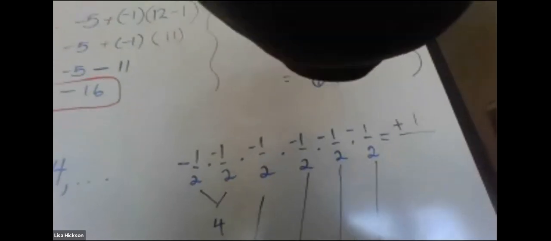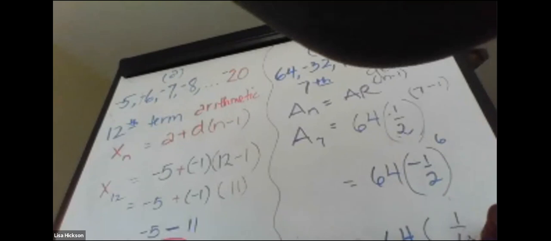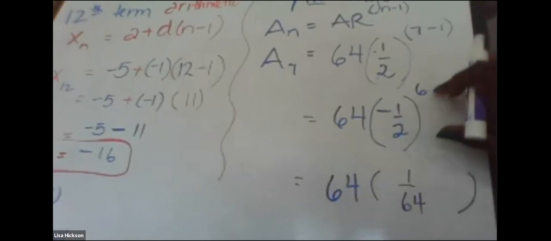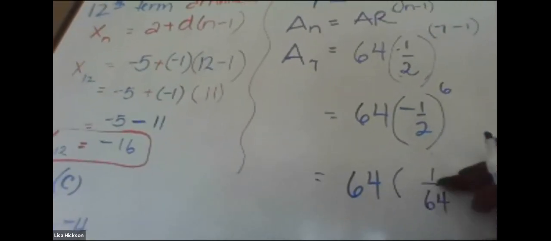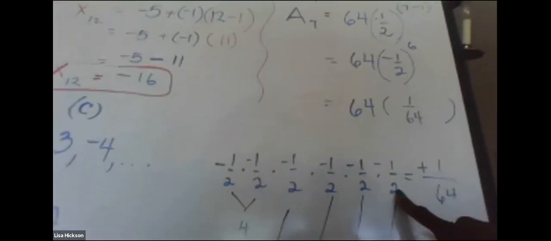And lastly, what's 32 times 2? 64. So now we're multiplying by 1/64, because negative 1/2 to the 6th power gives you 1/64. That's what we just did down here. We just kept going: 2 times 2 is 4, times 2 is 8, times 2 is 16, times 2 is 32, times 2 is 64.